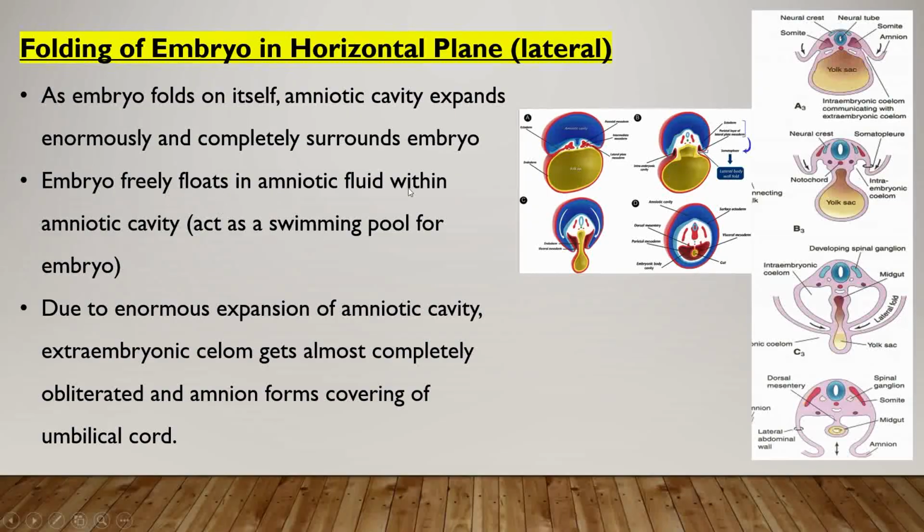The embryo floats freely in the amniotic fluid within the amniotic cavity, so the amniotic cavity acts as a swimming pool for the embryo. Due to the enormous expansion of the amniotic cavity, the extraembryonic coelom is getting completely obliterated. So this is the extraembryonic coelom. It is completely obliterated and the amnion forms the covering of the umbilical cord. So here the lateral folding is completed.